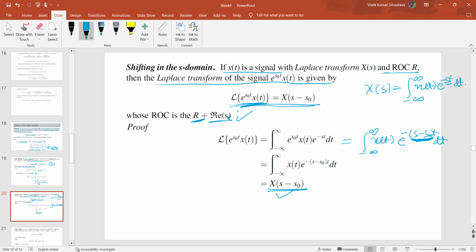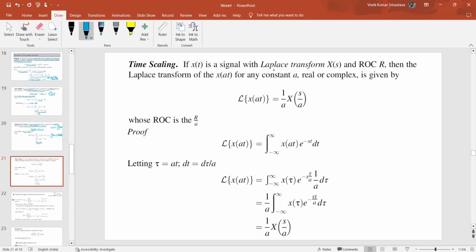Okay, so let us move ahead and see the time scaling property. The same signal x of t is given to us, the region of convergence is also the same, but now we have to calculate the Laplace transform of x of at, where a is a constant.